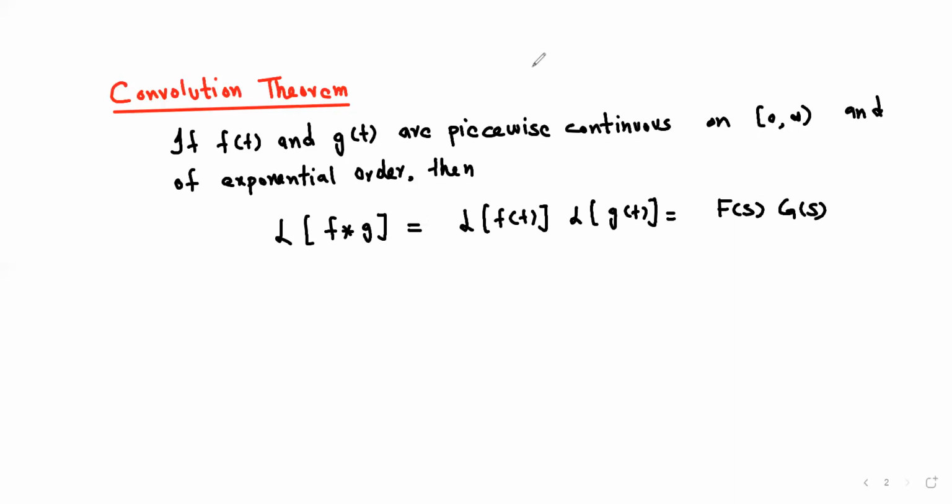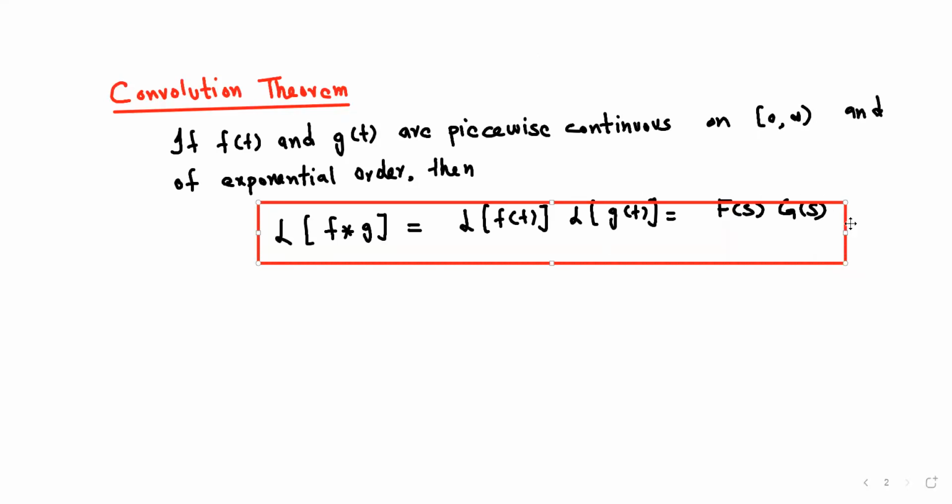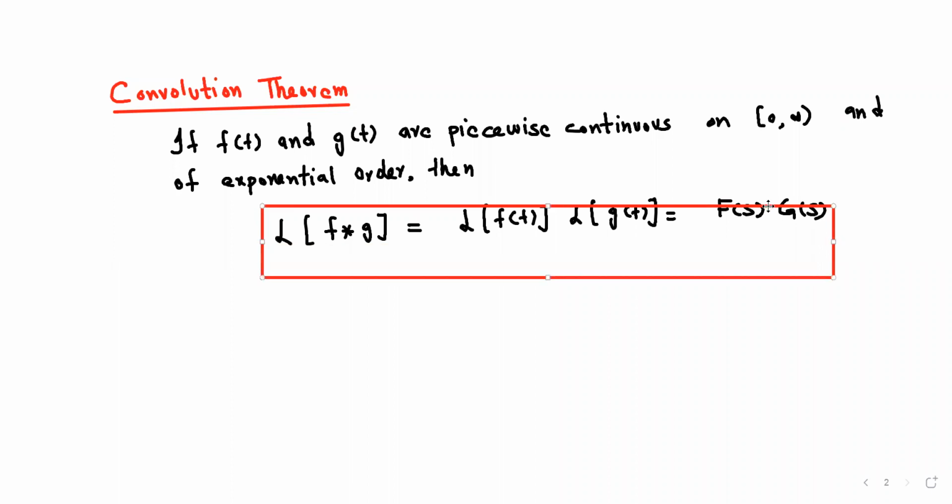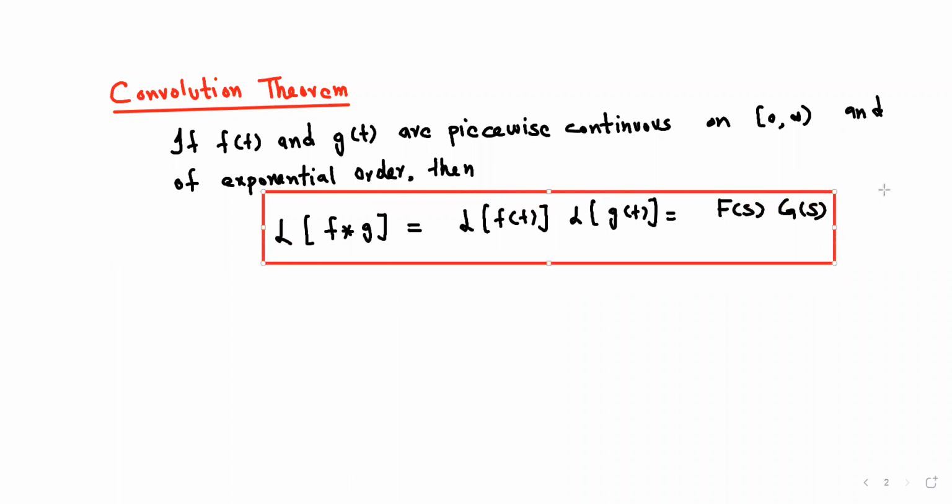So we need to prove this when we apply the Laplace transform on these two functions, which are piecewise continuous and both of exponential order. We have to find the Laplace transform in this way.